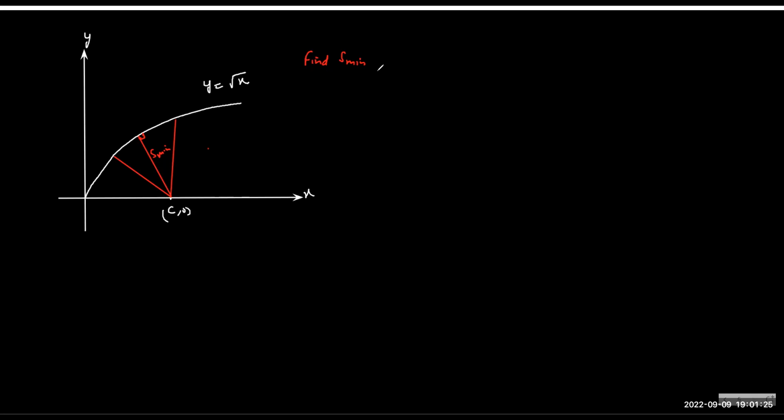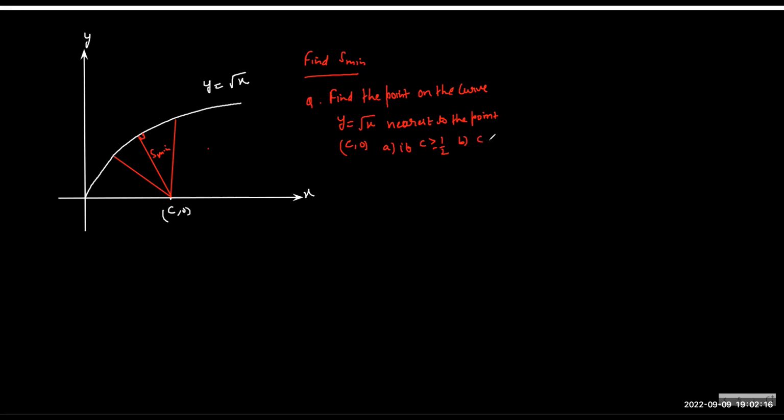Find the point on the curve y equals root x nearest to the point (c, 0), A, if c is more than or equal to half, and B, if c is less than half. There are two questions. Maybe there is some mathematical meaning, but don't worry about them.